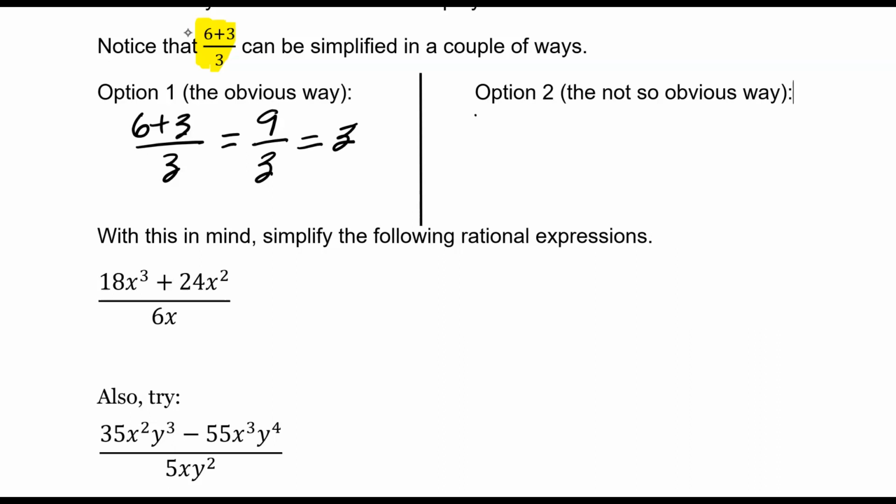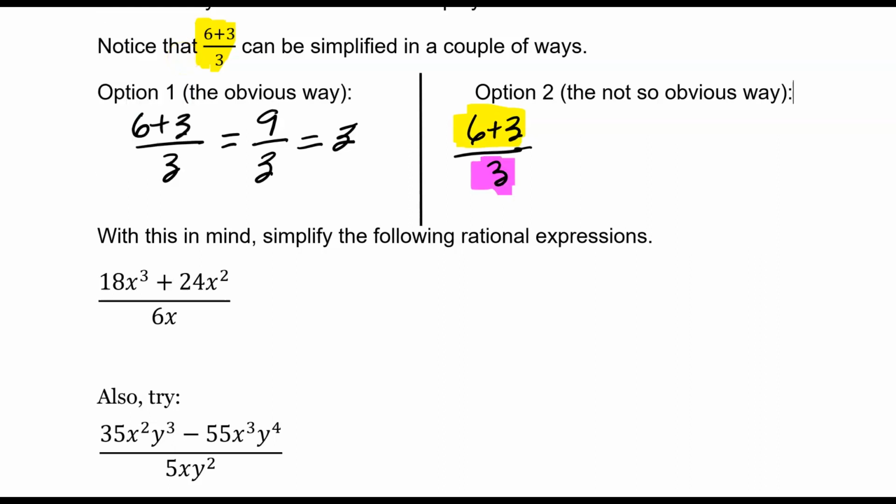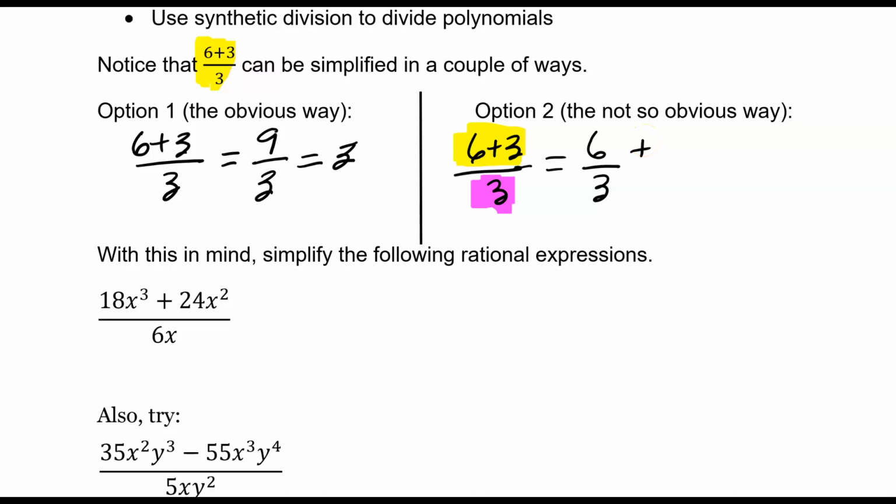But also 6 plus 3 over 3, if I am dividing everything in this numerator by 3, then this also means 6 is divided by 3, as well as 3 is being divided by 3.